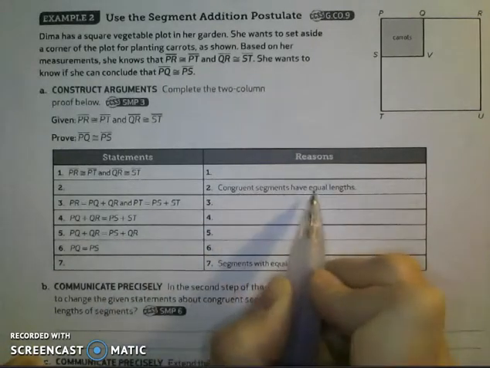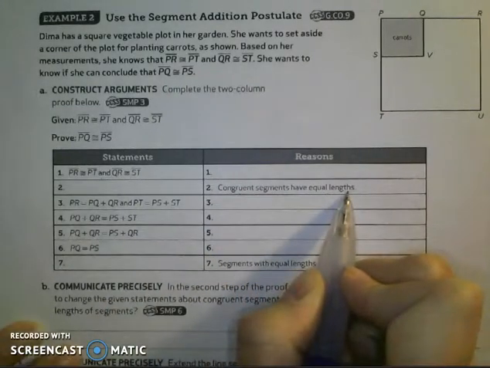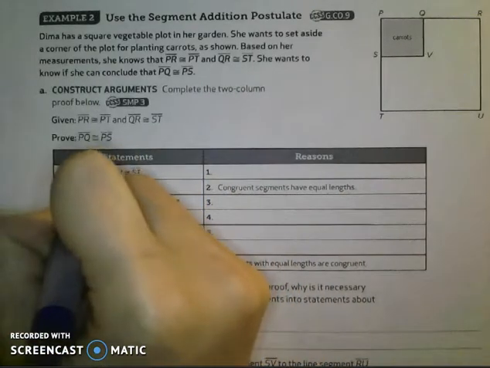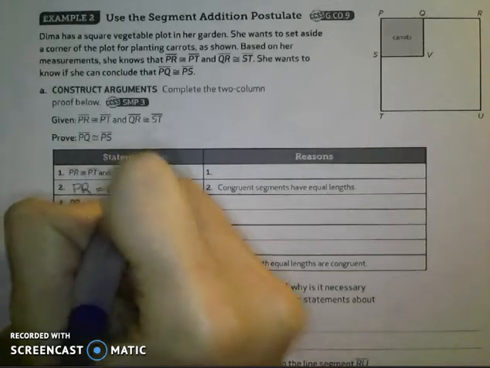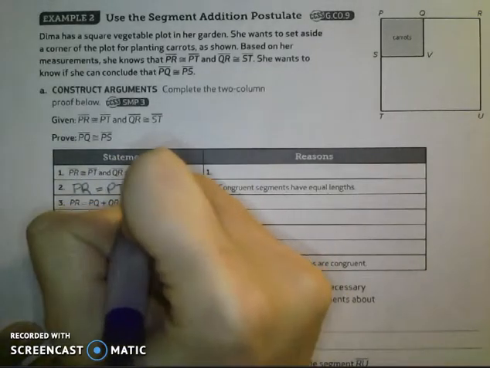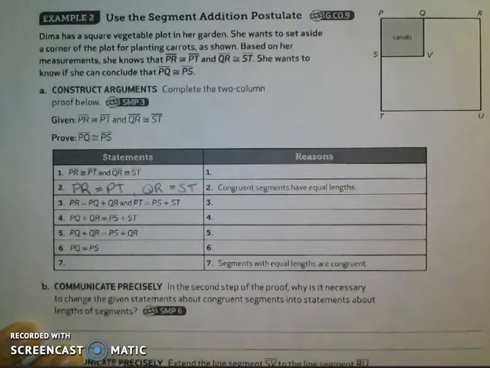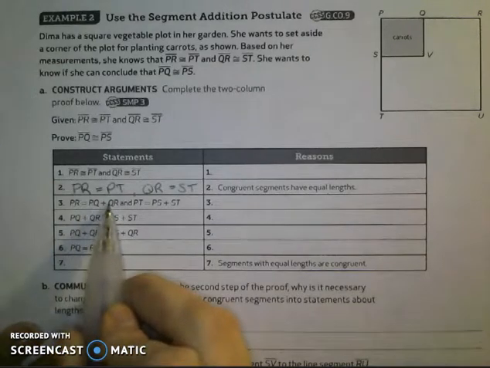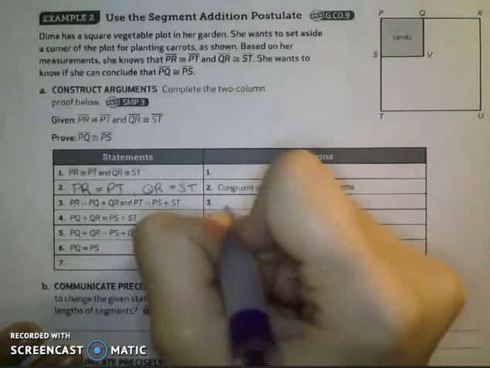Well, congruent segments have equal lengths, then we know congruent are equal. You can also use definition of congruent. So we're just changing those into equality statements. Now, why is PR equal to PQ plus QR? Well, that's going to be adding segments, isn't it? So that's the segment addition postulate.